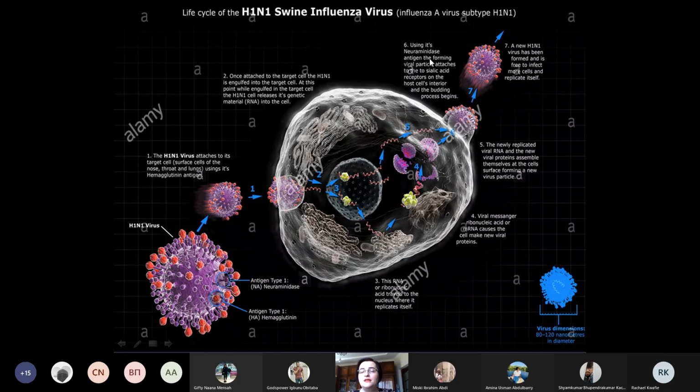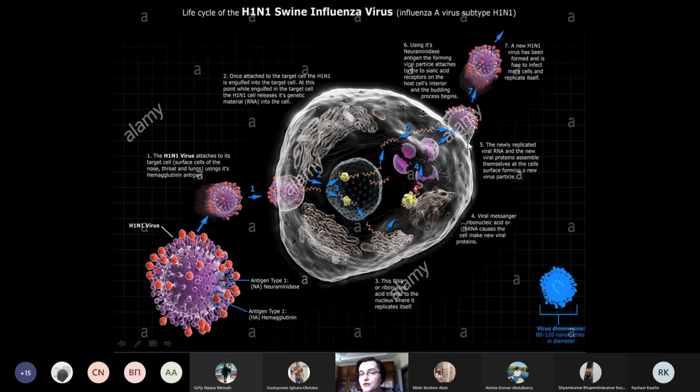Using its neuraminidase antigen, the forming viral particles attach to the sialic acid receptors on the host cell's interior, and the budding process begins.